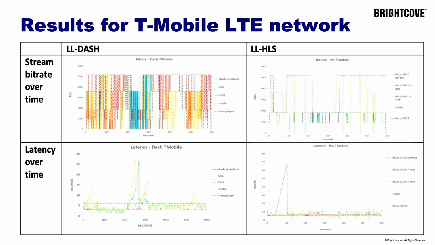This is partially because four out of the 5 test players are HLS.js and its variants. HLS.js, maybe by its design, prefers to switch bitrate less frequently than other players. So that's probably why we see fewer bitrate switches than the low latency DASH.